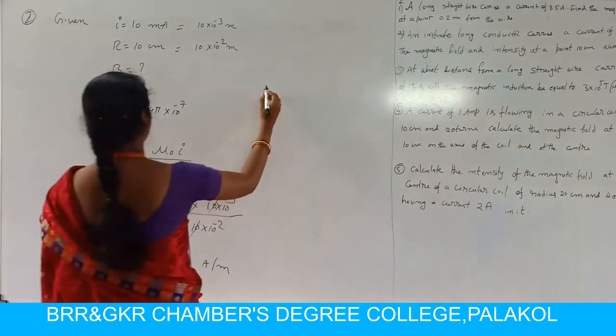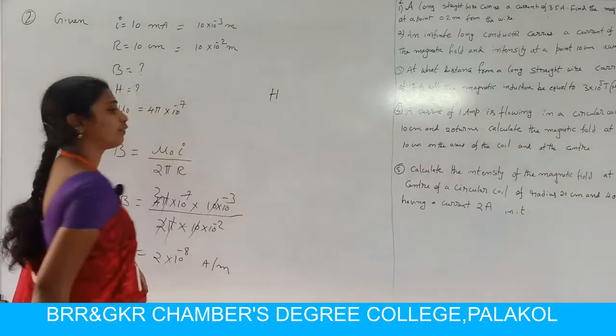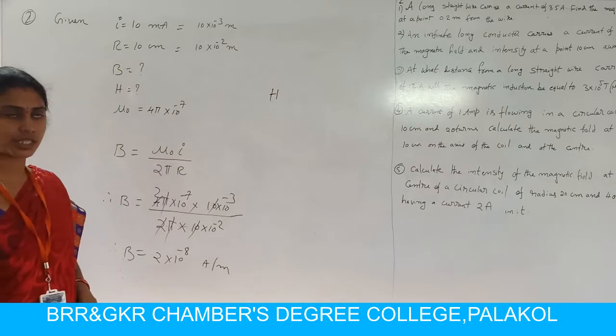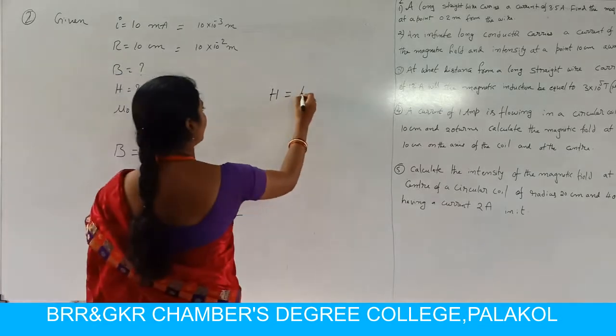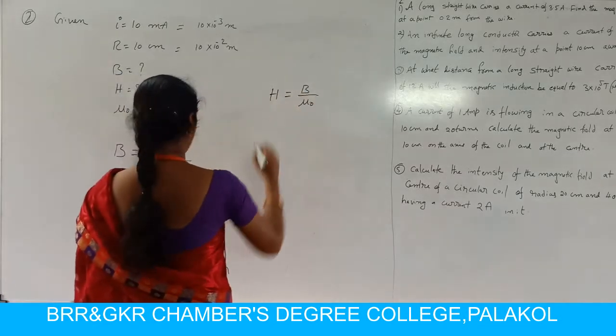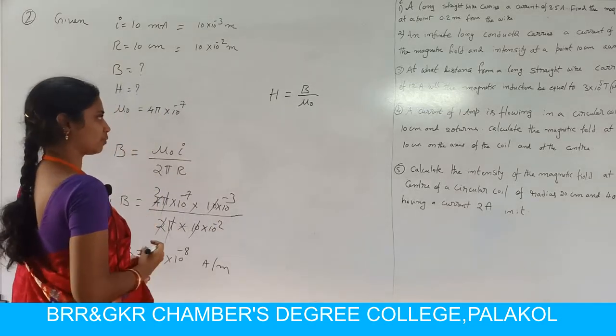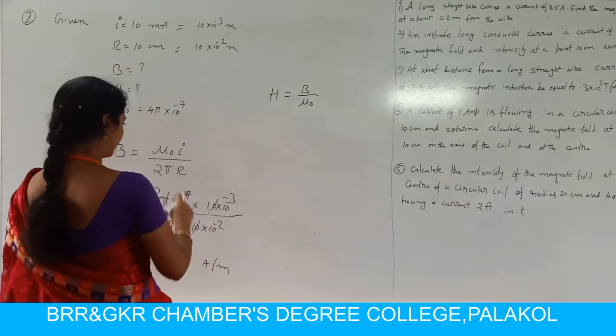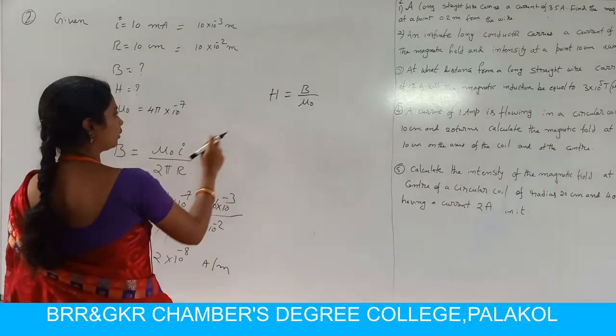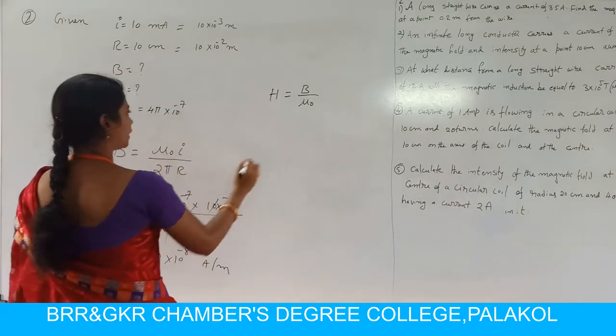Then we go for H. The formula for magnetic field intensity is H equal to B by mu naught. If we don't cancel these terms, we can substitute easily, and the mu naught terms are cancelled.